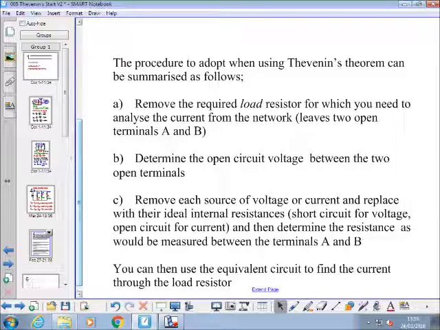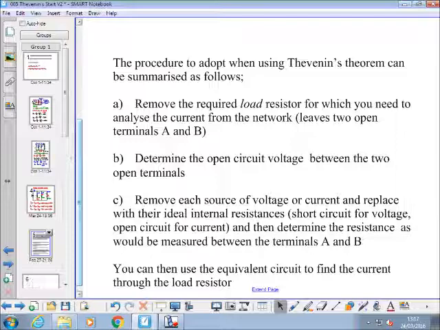Then we take out each source of voltage or current and replace all of them with their ideal internal resistances. So that is a short circuit for a voltage source, open circuit for a current source. We then calculate the total resistance of that circuit, looking in from the terminals A and B, which is different to what you normally calculate. You normally calculate from the source end.